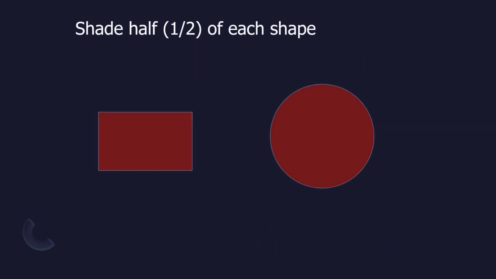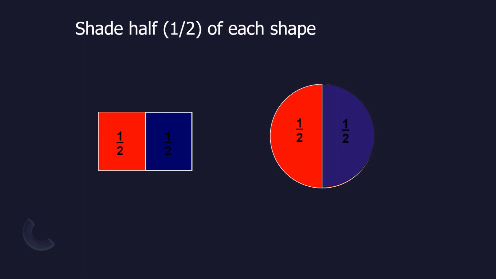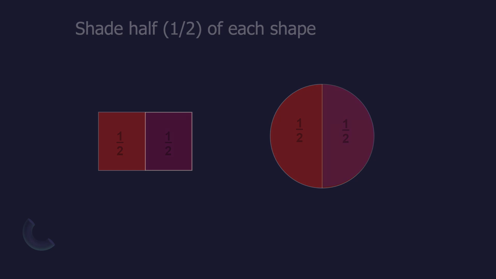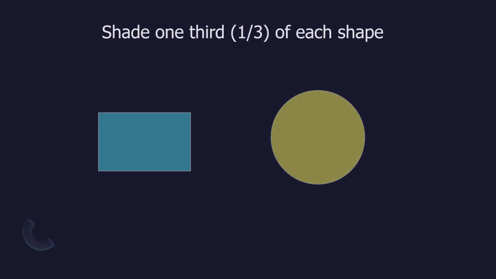Shade half of each shape. So we should divide this into 2 equal halves first, then shade one part. So each part is 1 half. Shade 1 third of each shape. First we divide this into 3 equal parts.